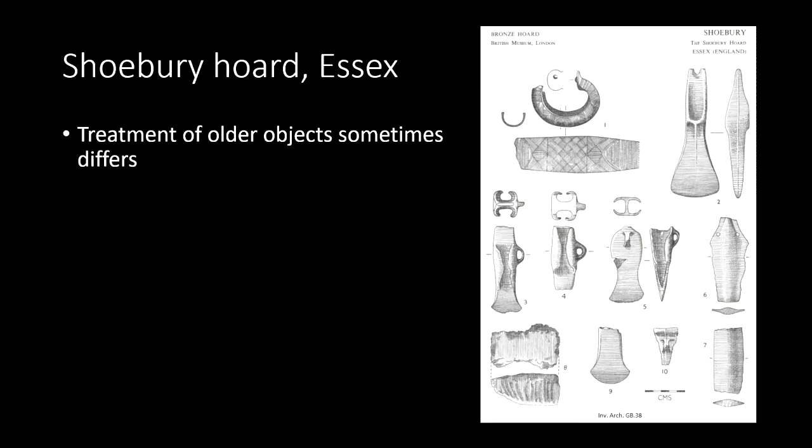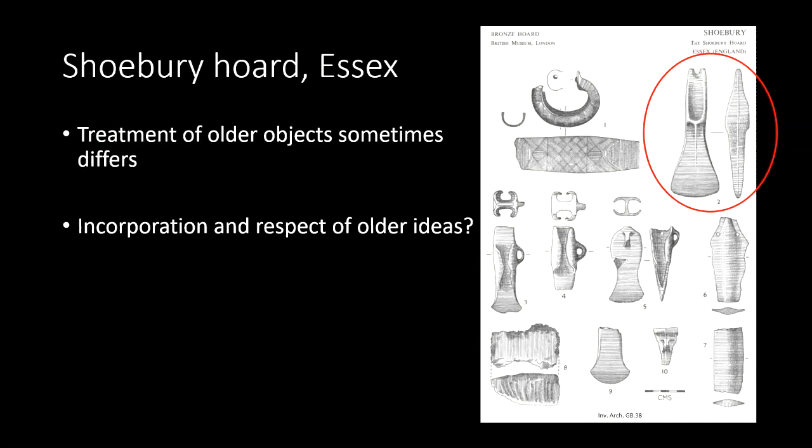The only complete object in the hoard is this Middle Bronze Age plough stave, which must have been 400 or 500 years older when deposited. I would presume that this is a rediscovered object that was incorporated into a later practice, but importantly, it wasn't treated in the same way as the later objects. So are we looking here at the incorporation and respect of older ideas, communities recognizing older inalienable objects?